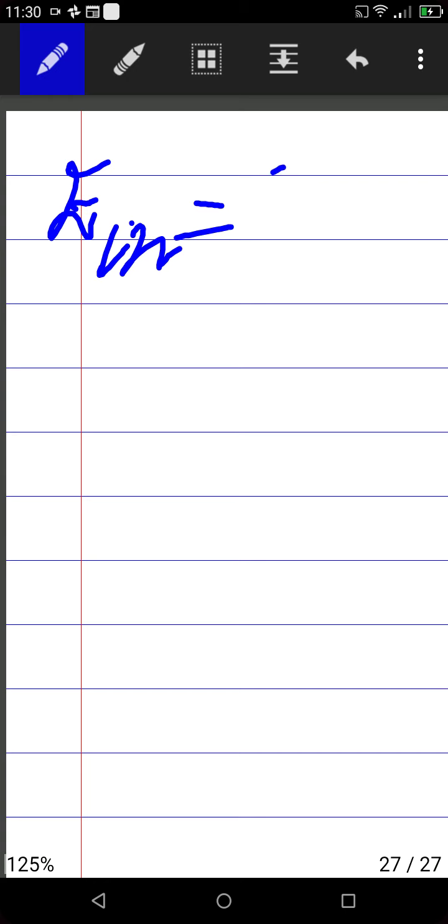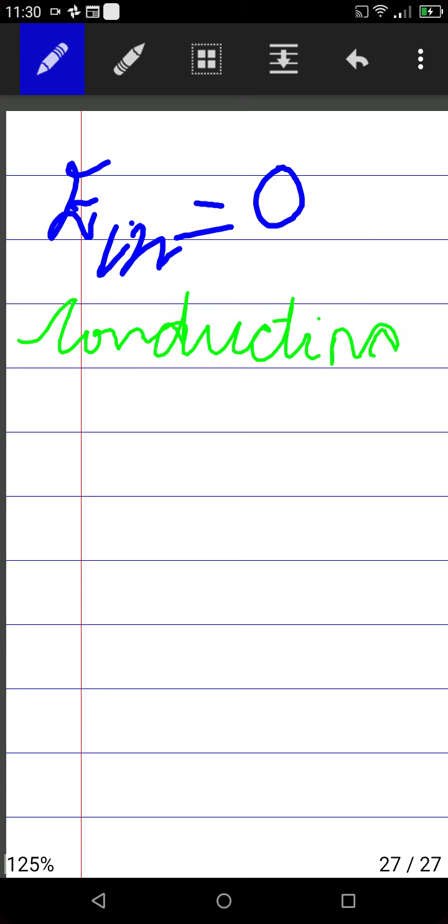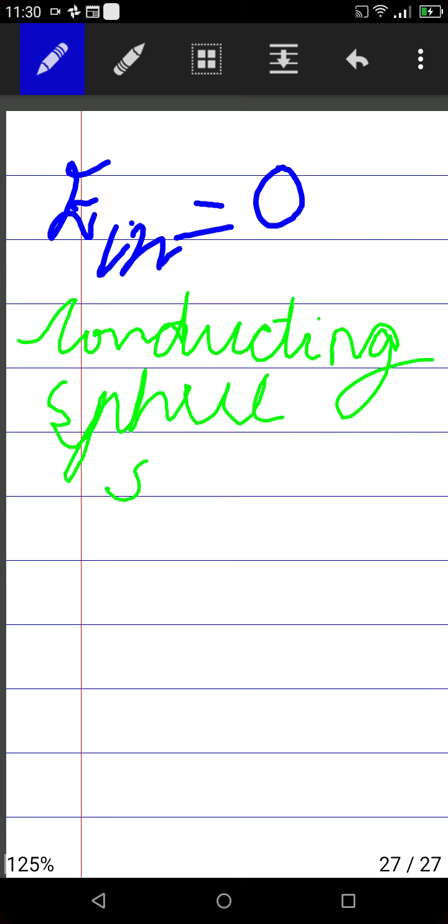Now E inside is equal to 0 in case of a conducting sphere, and also a shell. What is the difference?